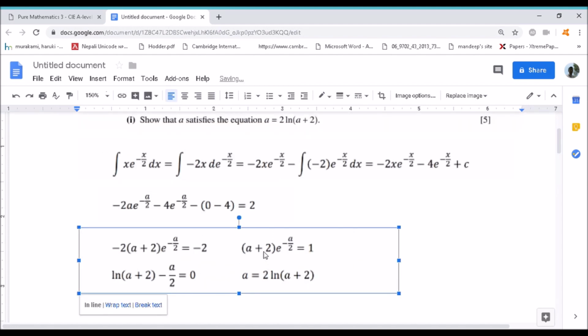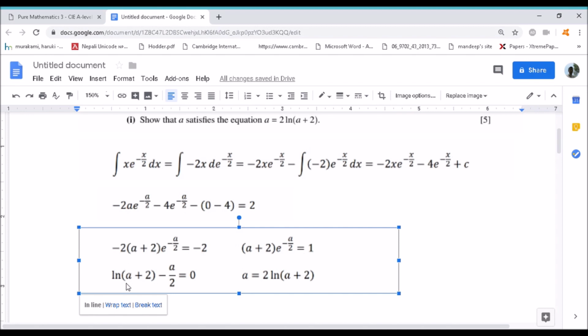After this, the 4 goes to the right hand side and it becomes -2. We take -2e^(-a/2) common from here, so it will be (a + 2), and this divided by... -2 divided by -2 is going to be plus 1.